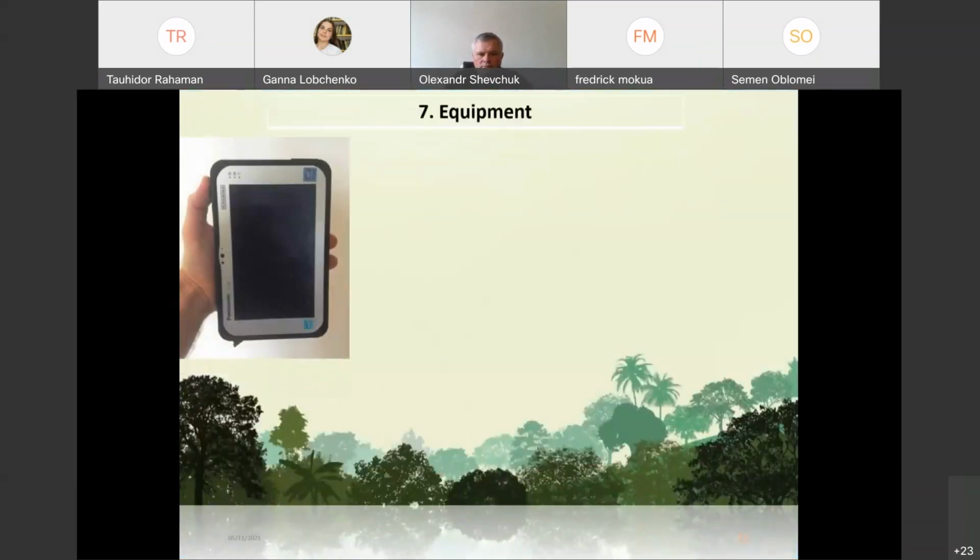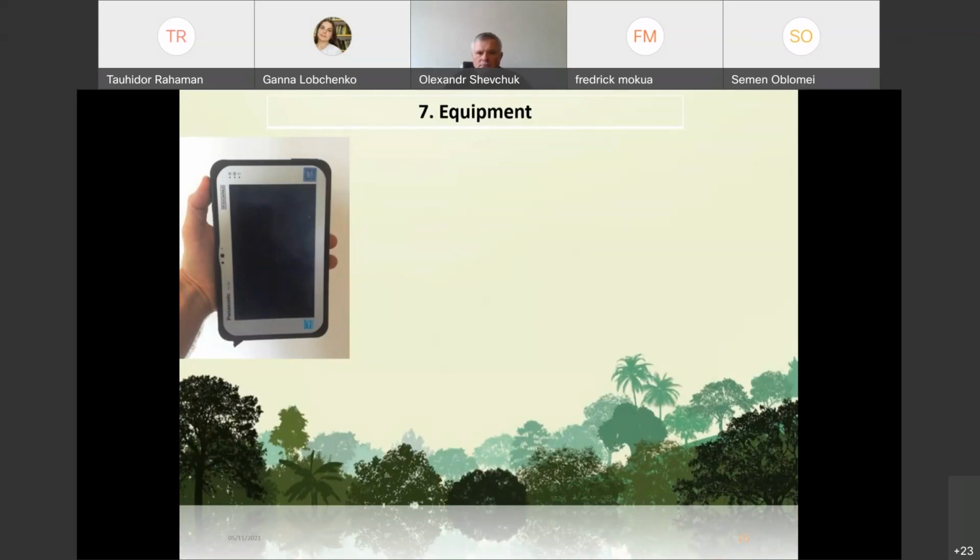So the equipment that has been used in the National Forest Inventory, as I said, we have not used any paper. It was a fully digital data collection process. So we used this Panasonic rugged tab. This is waterproof, and it can take geolocation with very accurate data. Even it can reach up to 1 meter in geolocation accuracy.